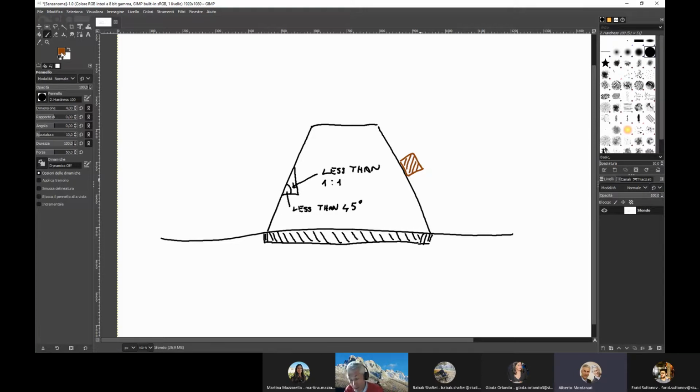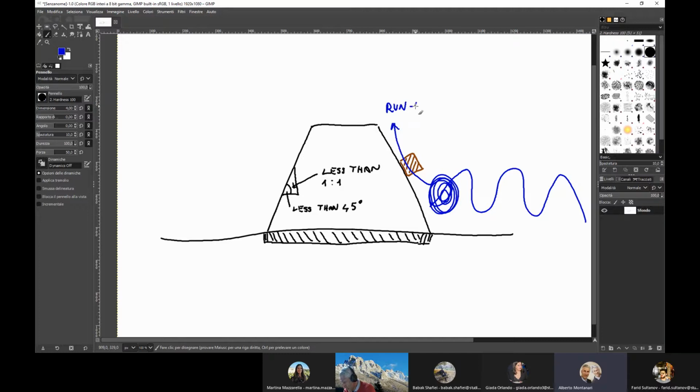What happens is that you may get a wave colliding with the breakwater, and then here you have the breaking usually, and then you have a run up with a high velocity.